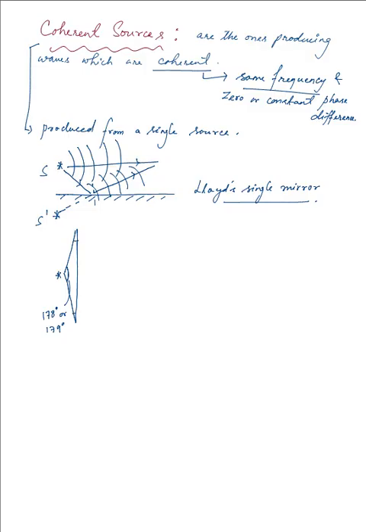As a result, the light emitted from the source, after getting refracted through it, tends to move in this manner, and the wave fronts tend to interfere with one another, giving us an interference pattern.